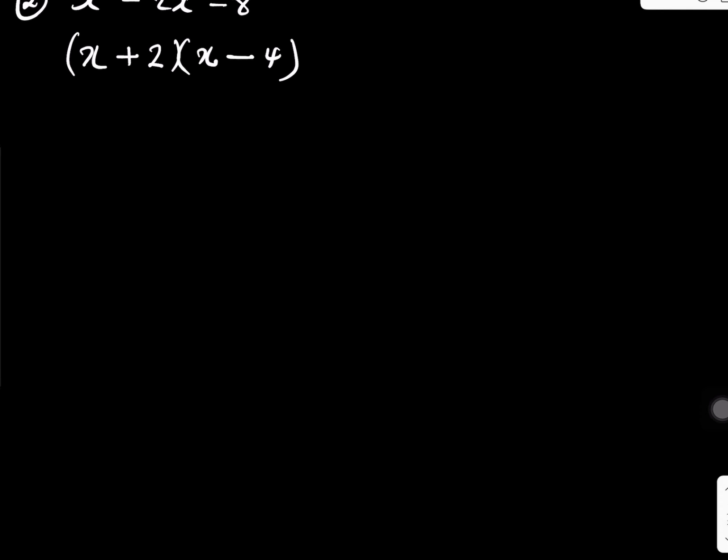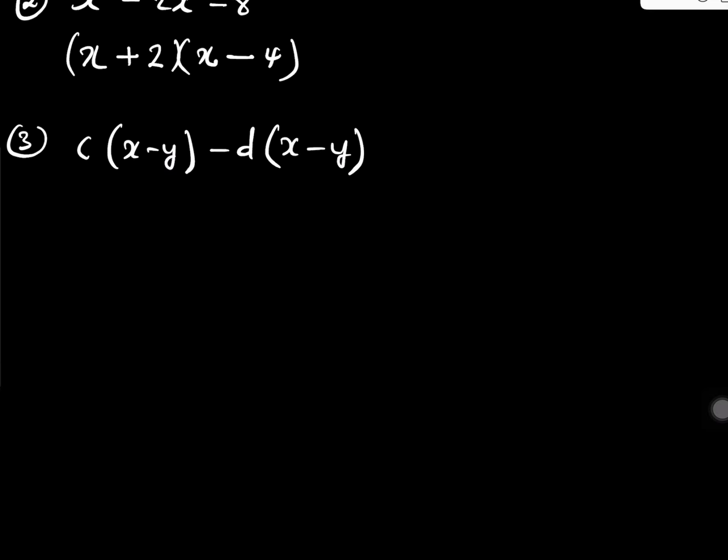Now, you also have this type of factorization. Let's say you have c(x minus y) minus d(x minus y). If I want to factorize this, I observe that x minus y appears to be the common term between this term and this term.